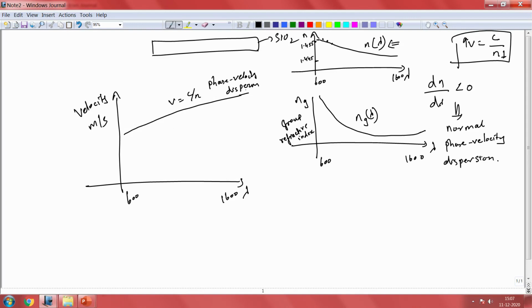Let us look at group velocity here. The group velocity depends on the refractive index profile, here the group index. Here you will see something of this kind. This is the group velocity dispersion, and Vg equals c over Ng. You can see for a particular region of wavelengths the speed is nearly equal.